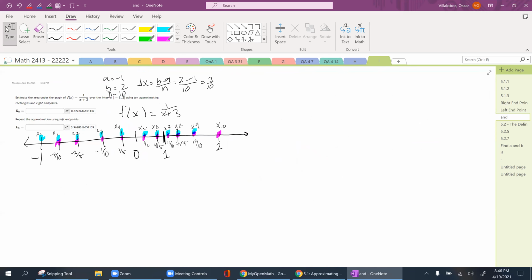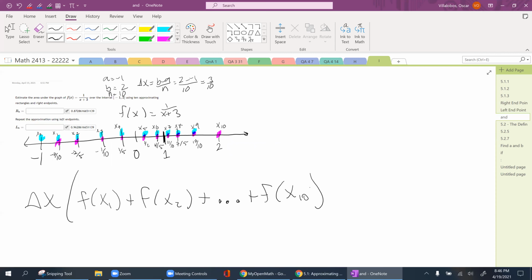So you would be plugging in, delta x by f of... we're doing right approximation. Let's do right endpoints. So it would be f of x1 plus f of x2 plus ... f of x10.